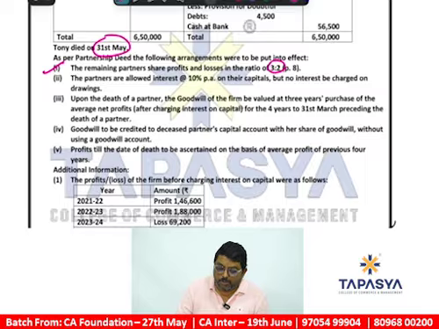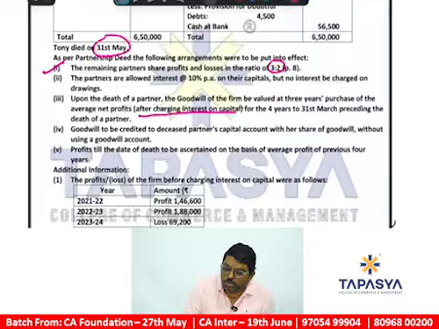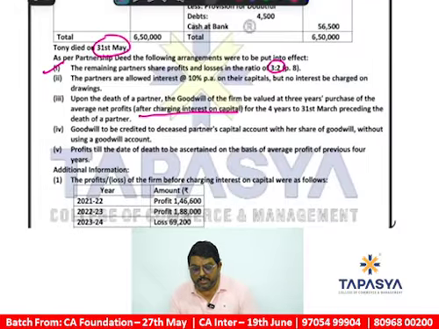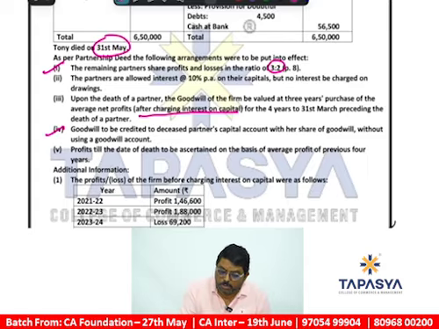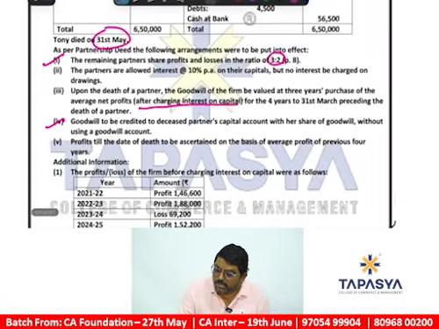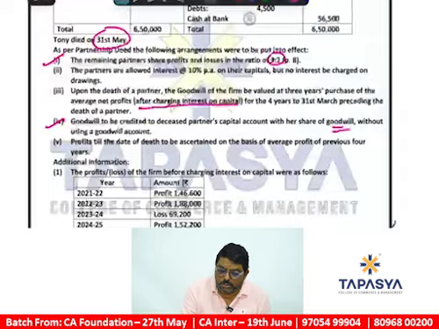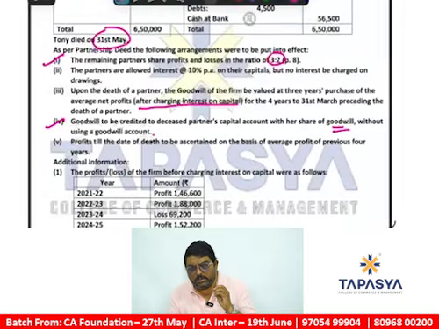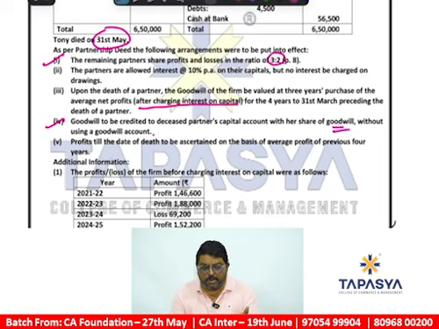But you are given profits before charging interest on capital, but to find out the goodwill, we need to know the profits after charging interest on capital, which means you have to charge interest on capital. Goodwill is to be credited to the deceased partner's capital account with her share of goodwill without using the goodwill account. So simply goodwill is credited to the deceased partner and debited to the continuing partners in the gaining ratio.